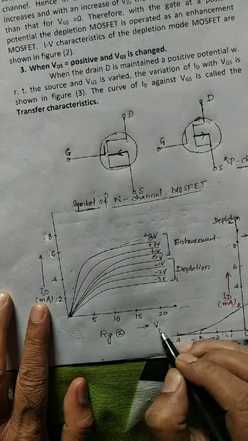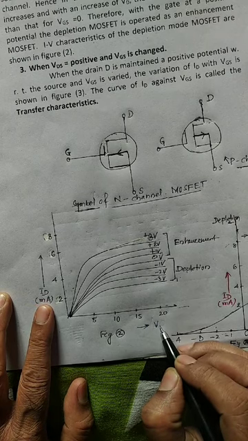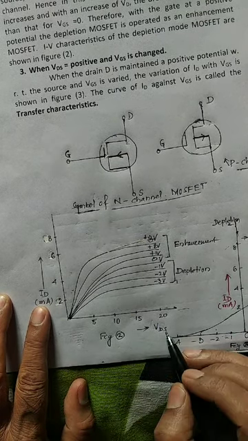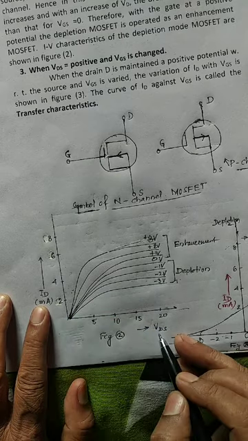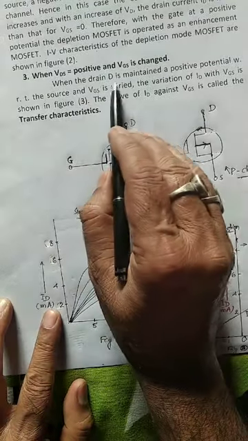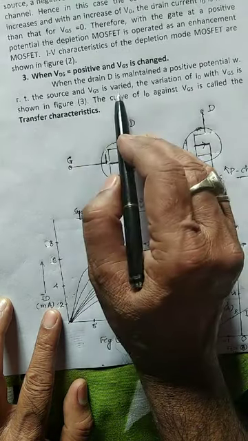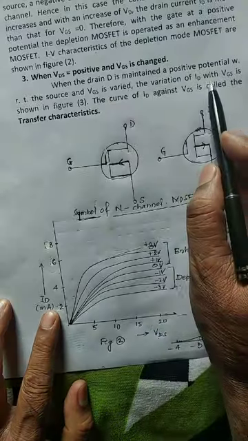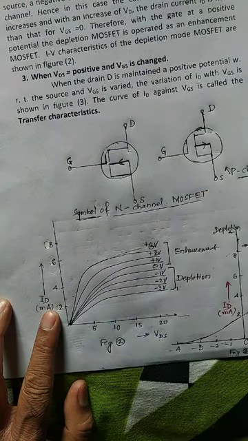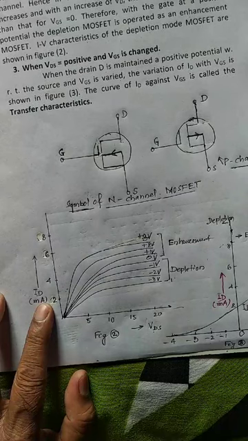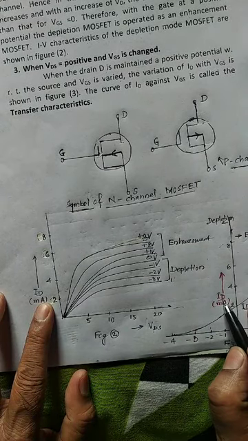You may see here, this is a graph of VDS versus ID. Drain current versus drain voltage. So when the drain is maintained at positive potential with respect to source and VGS is varied, this is the variation of ID with VGS. This is VGS, gate to source voltage. This is drain current.